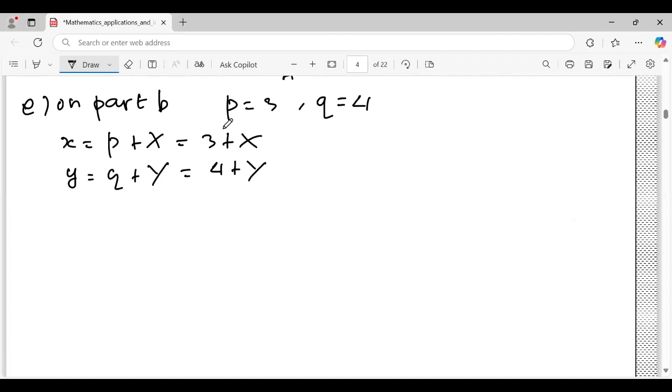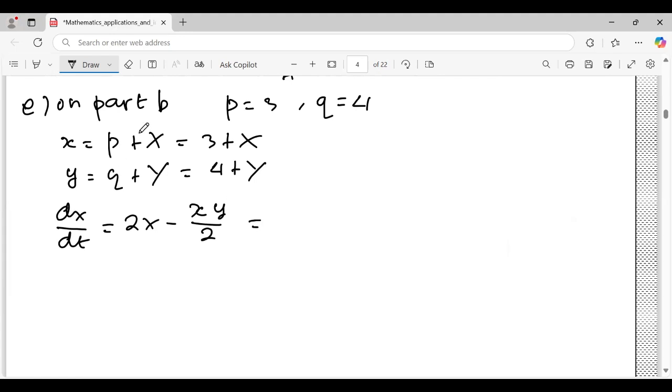Now substitute x equals 3 plus x and y equals 4 plus y into dx/dt first. dx/dt is 2x minus xy/2.